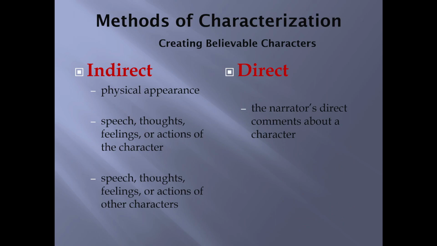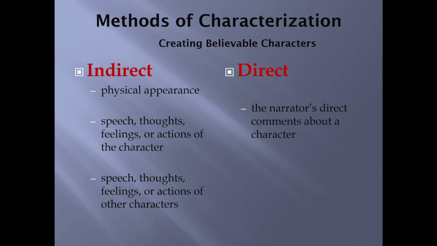Now, methods of characterization. This is the way authors create believable characters. Indirectly, they mention the character's physical appearance, how they look, and then they talk about the speech, thoughts, feelings, or actions of the character: what they do, what they think about, what they say, and what they feel. Lastly, it is similar to that, but it is about other characters.